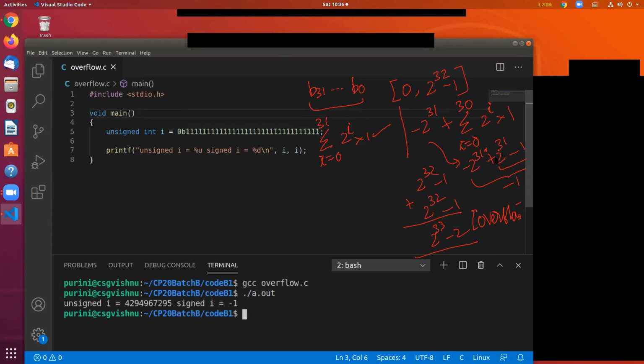When you add them together, finally we get minus 1. So when you treat the same bit pattern using the 2's complement function definition we have seen before, we get the value minus 1. Do you understand this?